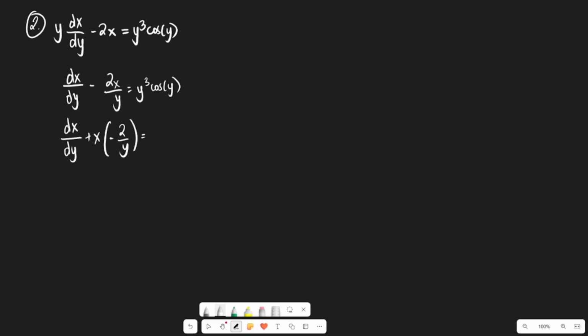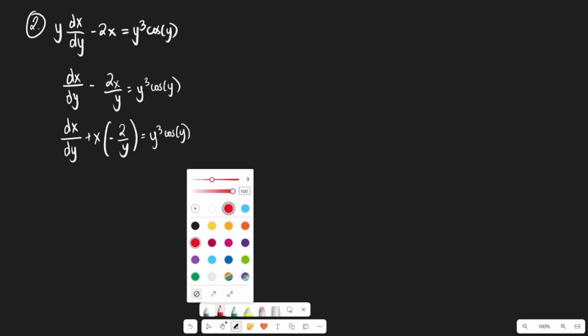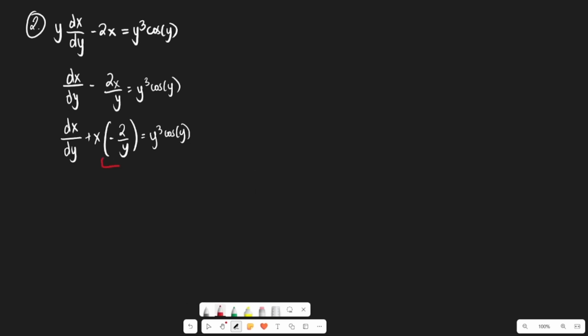For the right side of the equation, we just copy. Now we can see that we have this one as our p of y and this one as our q of y. So this is a FOLDE in x.